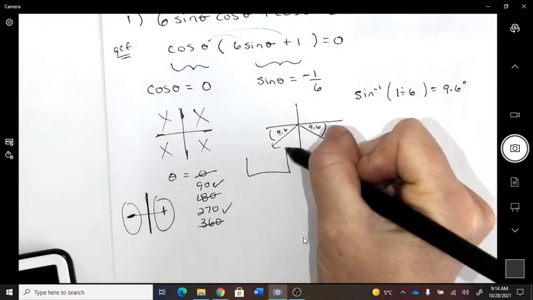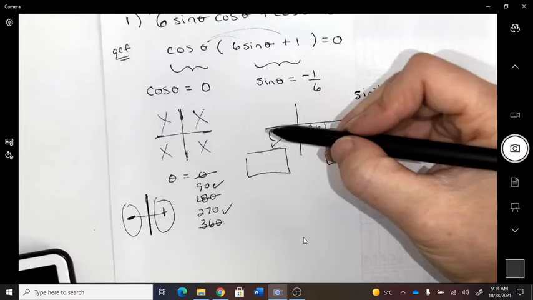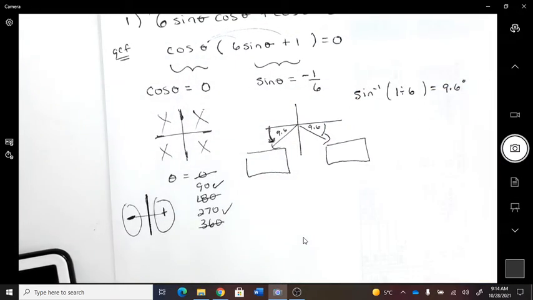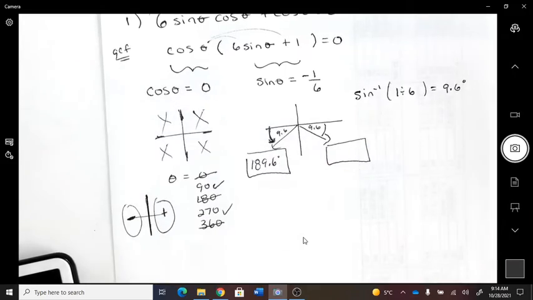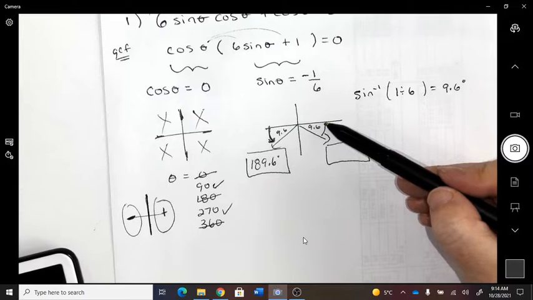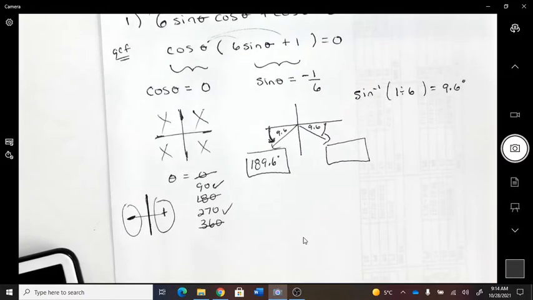All right, now I need a final answer there. Okay, so this one, do you understand you're going 9.6 more than 180? So you're going to add with the 180. And here, your 9.6 smaller than 360.